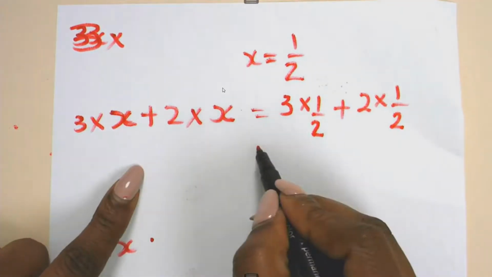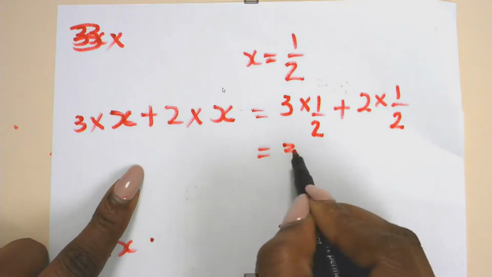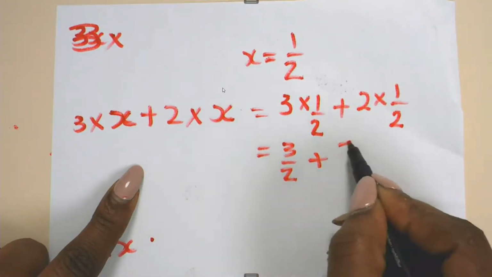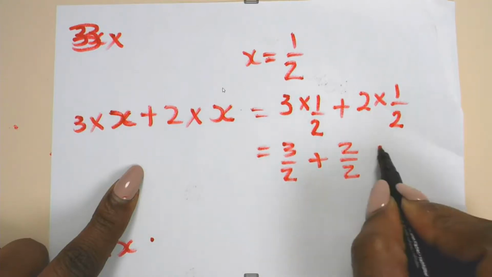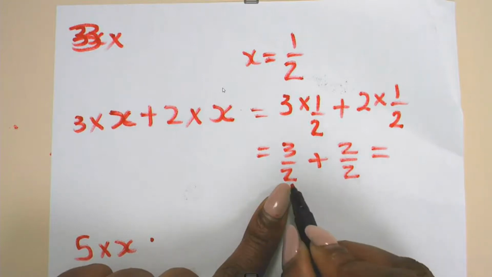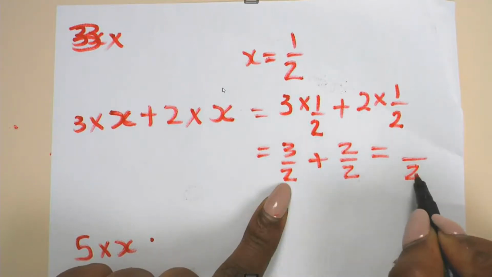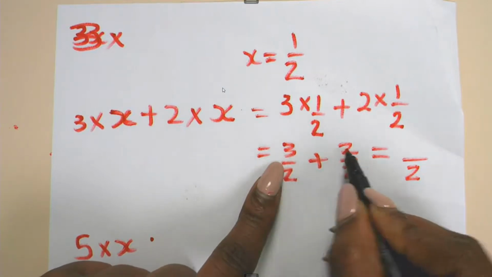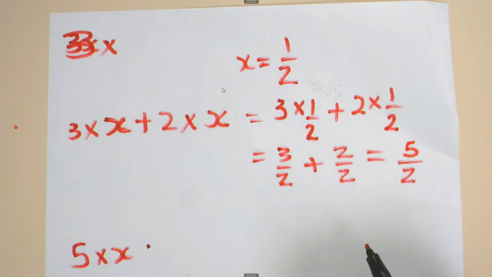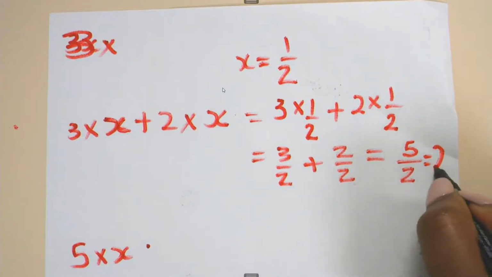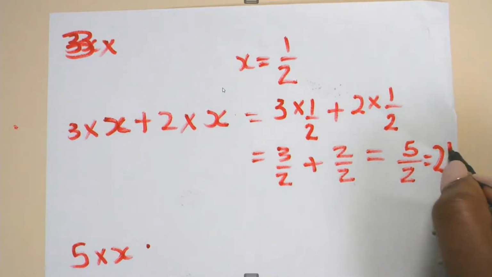Then it is 3 halves plus 2 halves. Then our answer, because we have the same denominator, we take one denominator and add the numerators. It is 3 plus 2 equals 5. Then in its simpler form it will be 2 and a half.